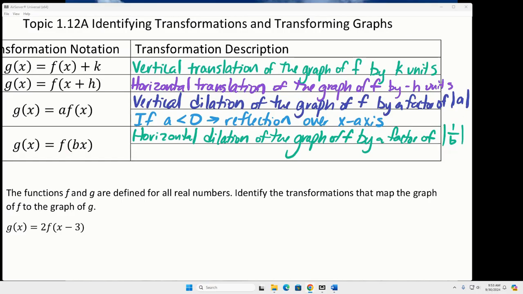A reciprocal is a multiplicative inverse. So that's what you use. Use the inverse of that number. All right. Sometimes B is negative. And that's going to be a reflection over the y-axis.